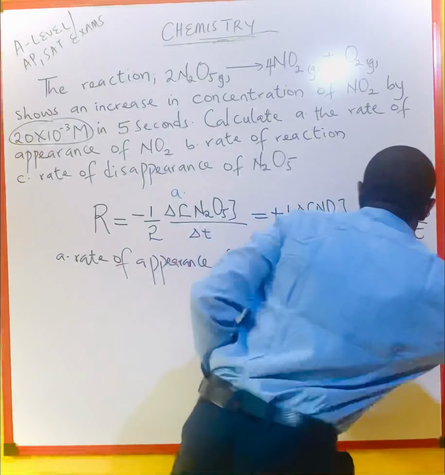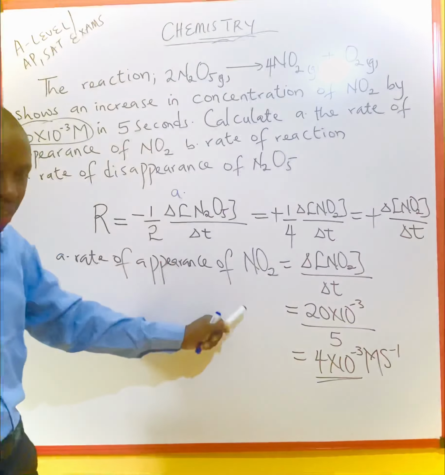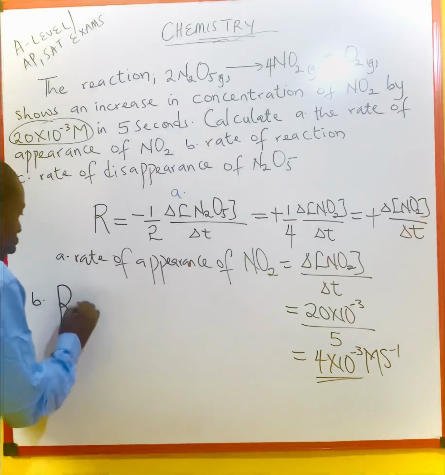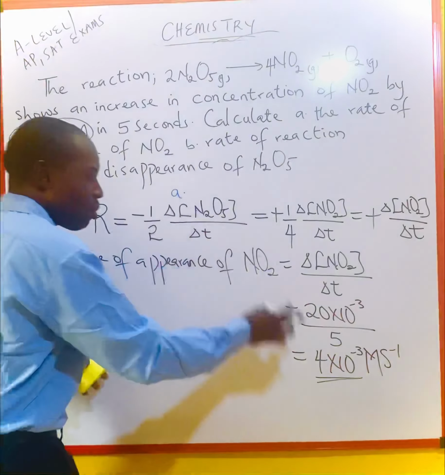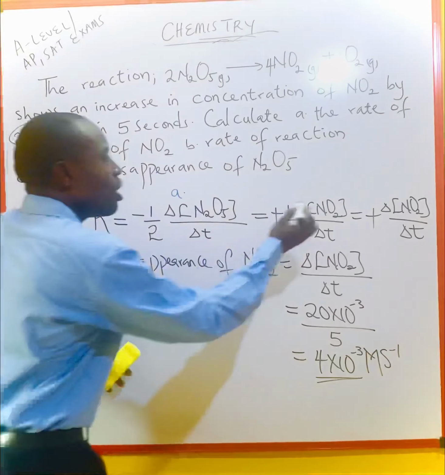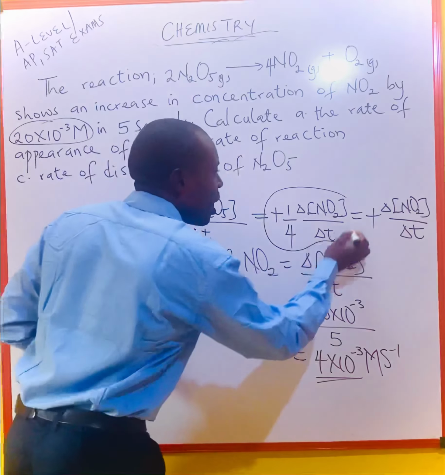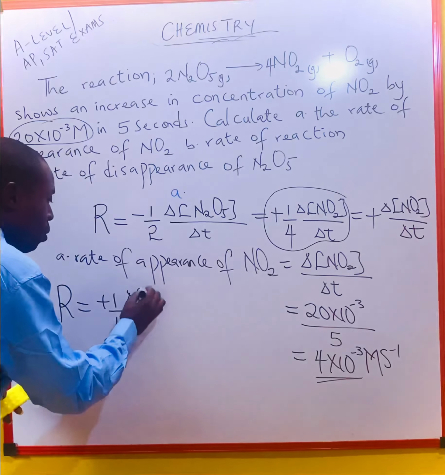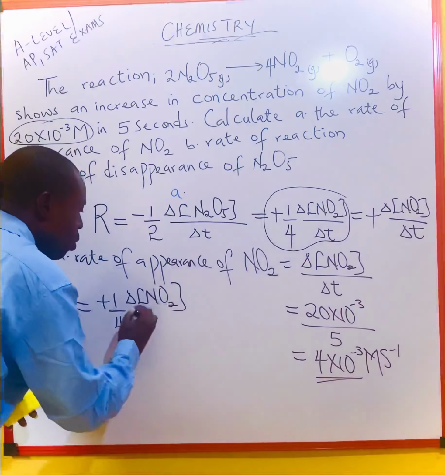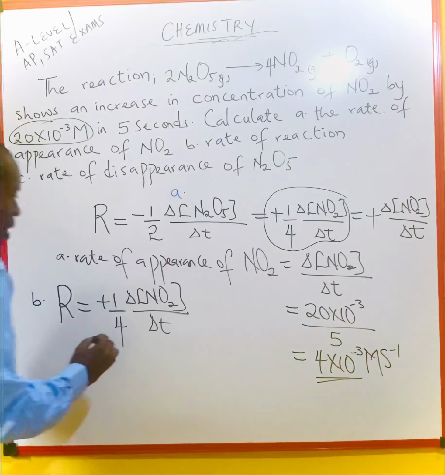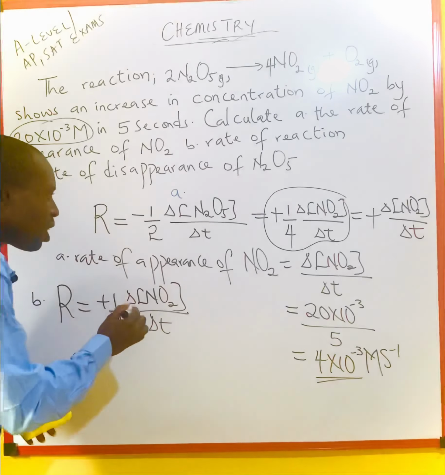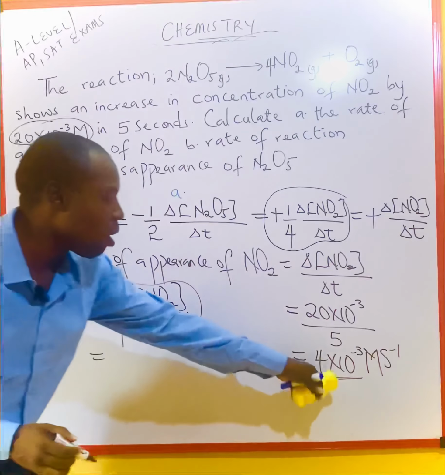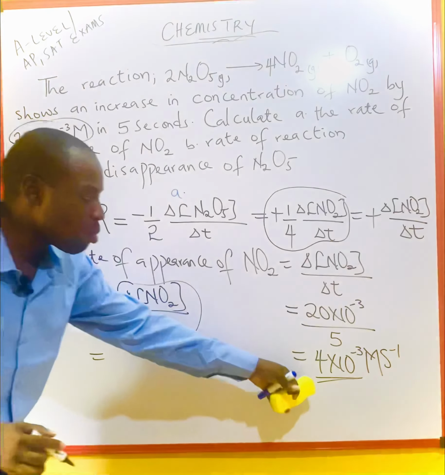Now to calculate the rate of this reaction, it is simply everything that has to do with this part here, which is plus 1 over 4 change in the concentration of NO2 over change in T. We've already done the appearance of NO2 here, which is 4 times 10 raised to minus 3.